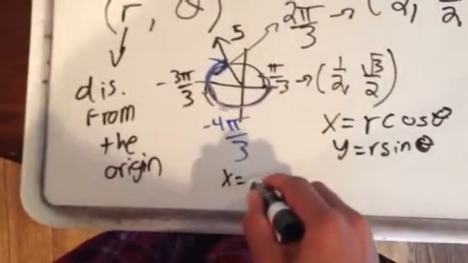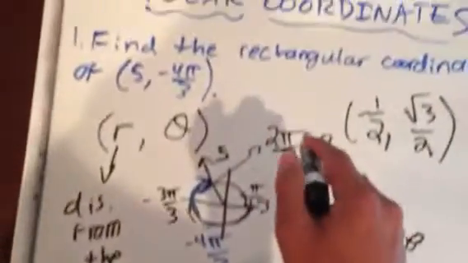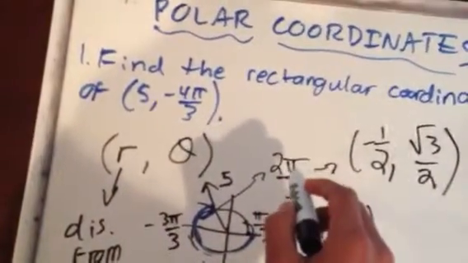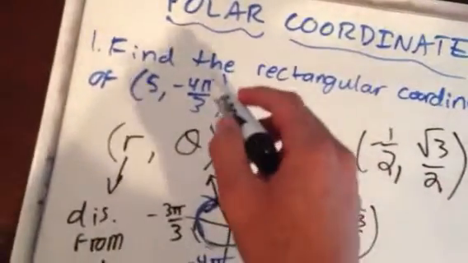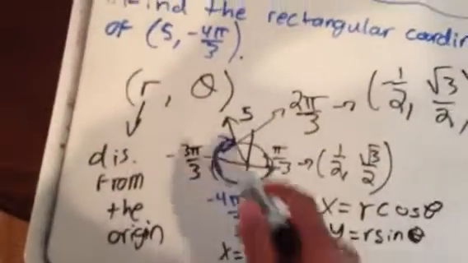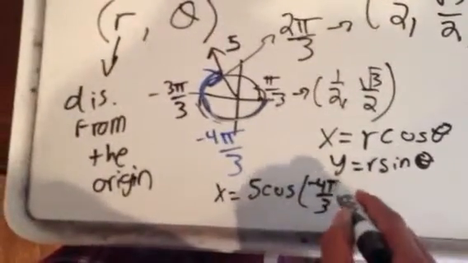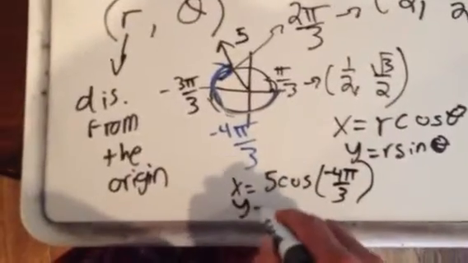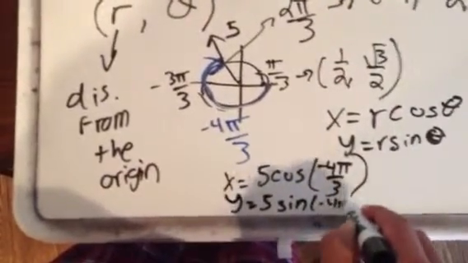So let's do x right here. x is equal to r, which is 5, cosine. Even though we've identified the fact that the coordinates of 2 pi over 3 are the same as the coordinates of negative 4 pi over 3, because theta is originally negative 4 pi over 3, put negative 4 pi over 3 here. And then y equals 5 sine negative 4 pi over 3.